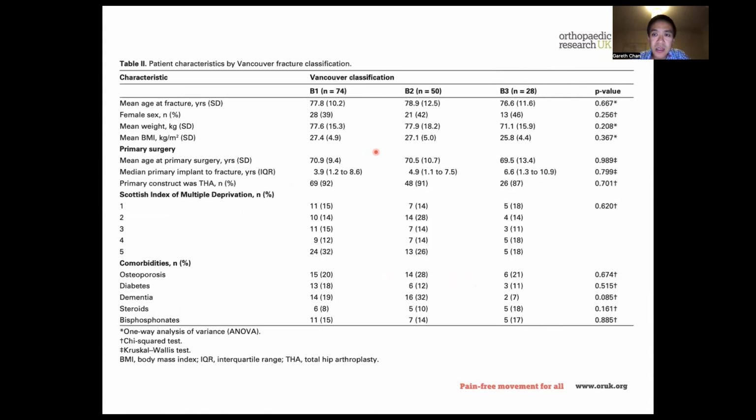So taking us back to a different paper now. If you look at the paper, this is a study looking at periprosthetic fractures and the incidence of demographic differences in the patient groups.